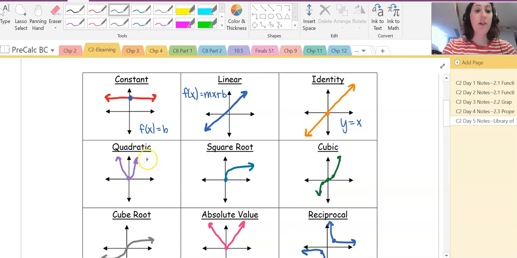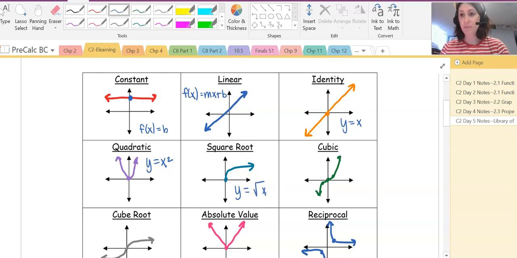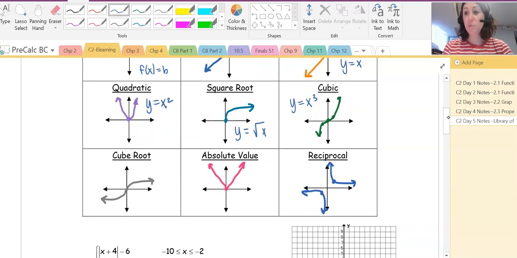Quadratic, our parent function is just y equals x squared. This is one that should be familiar to us. Square root function, y or f of x equals square root of x, whichever you prefer to use. Cubic, y equals x cubed. Cube root, y equals cube root of x, and you should recognize the shapes of these graphs.